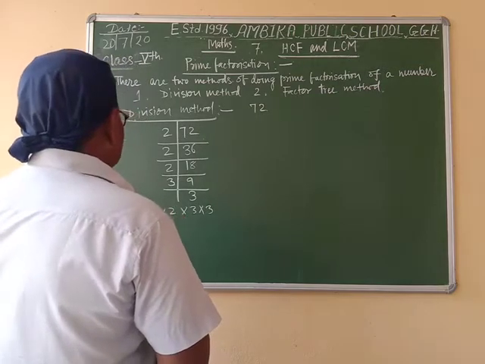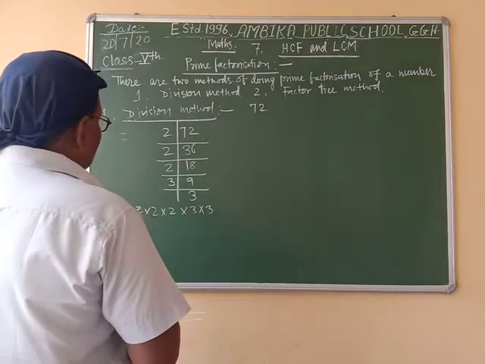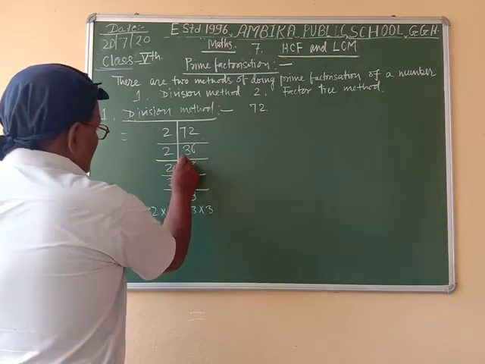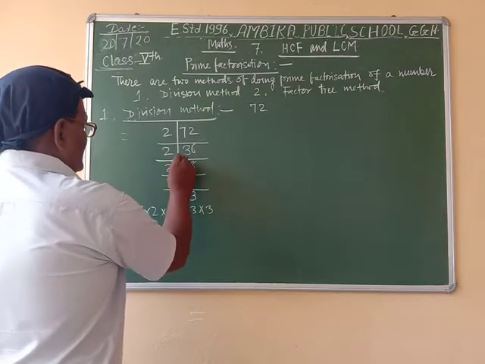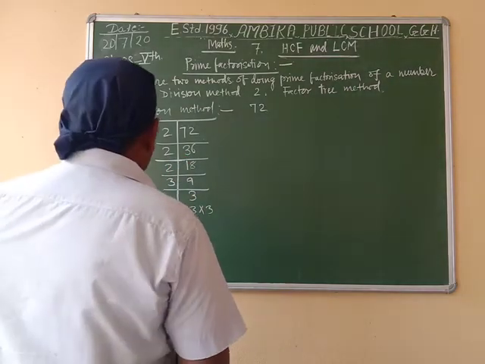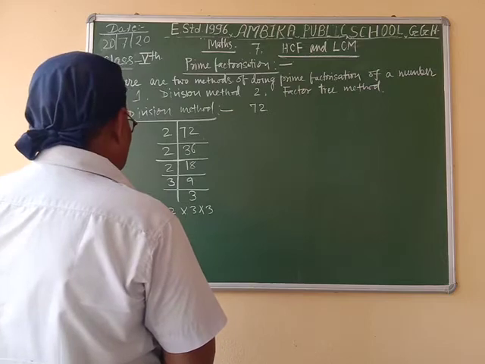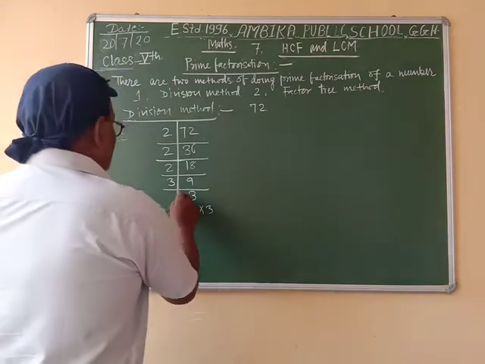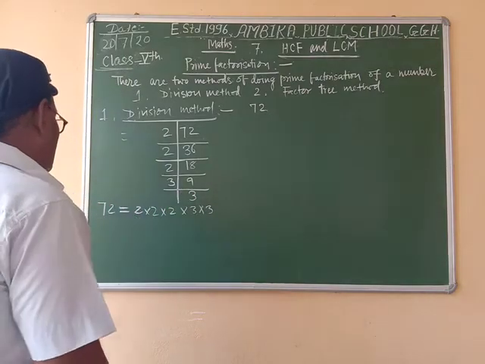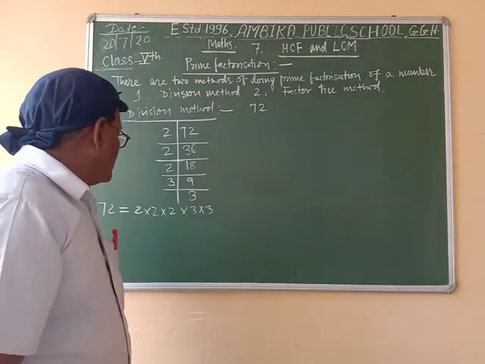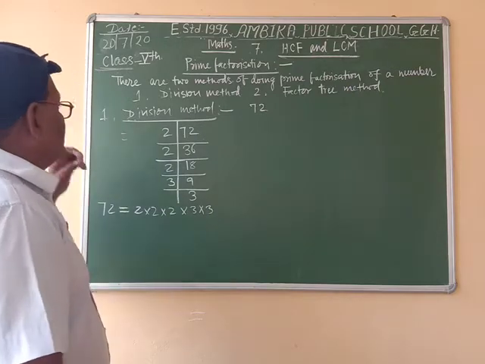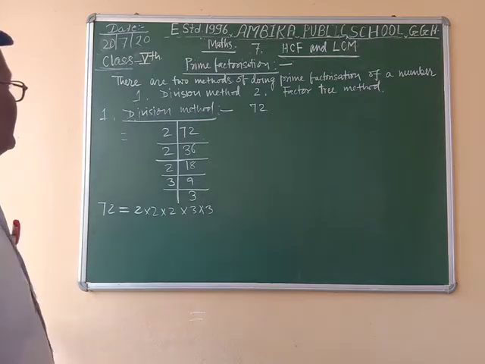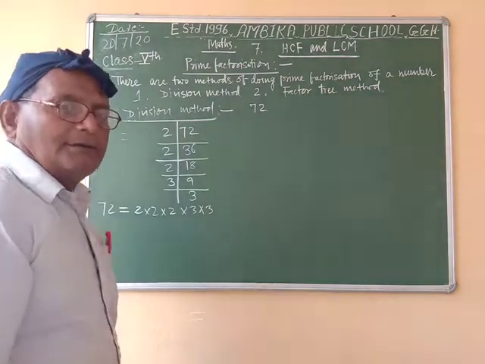Again 36 divided by 2, we get 18 as quotient, and the process continues. 18 divided by 2, we get 9 as quotient, and then 9 divided by 3 we get 3 as quotient. So here the process stops, and the prime factorization of 72 is equal to 2 into 2 into 2 into 3 into 3. In this way, we can determine the prime factorization by division method.